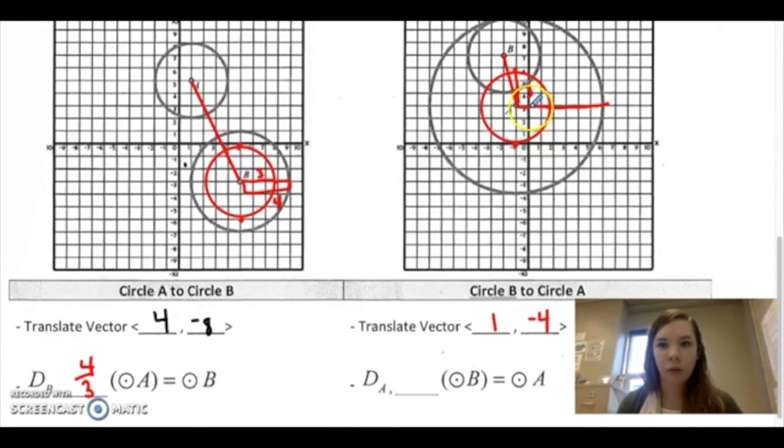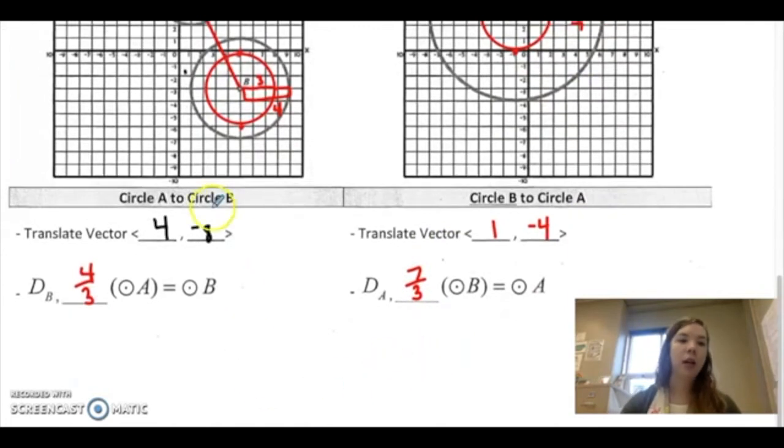So there's 1, 2, 3, 4, 5, 6, 7. Okay, and I am trying to make my circle bigger. So I would do the bigger number on top. So 7/3. Okay, so there's how we do that. And that's how we show they're similar. Using some of the transformations we used earlier in the year.